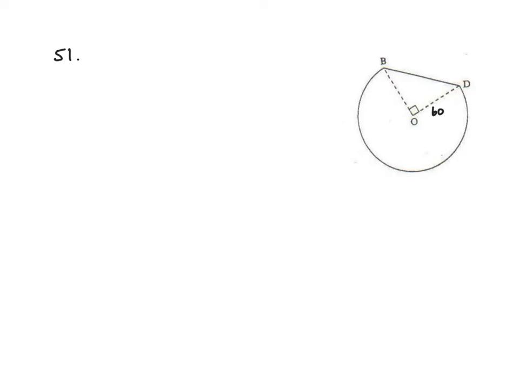Now, we want to work out the perimeter of the tabletop. What I'm going to do first of all is to work out the length of BD. Now you can see we have the angle lying between two sides, so that's the cosine rule.